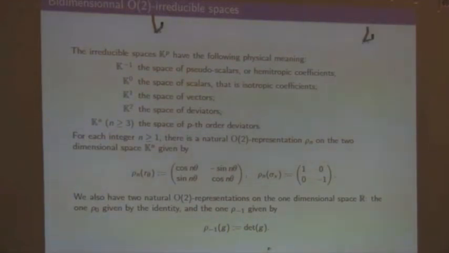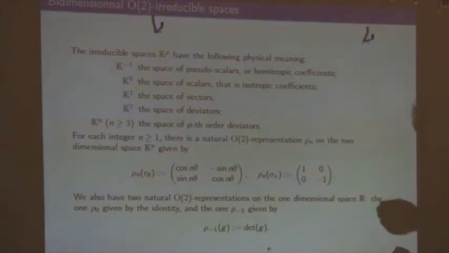Why is two dimension a nice dimension? Because indeed we know how any elementary transformation will act on those irreducible spaces.